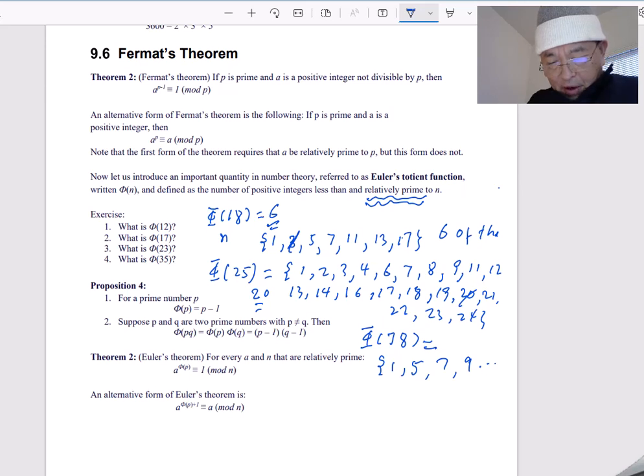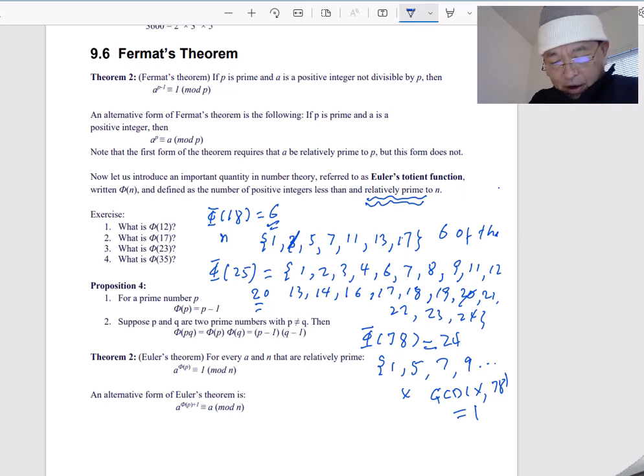As long as X is among the list, the GCD of X and 78 equals 1, co-prime to 78, they all qualify. How many of them are there? It takes a while to find out. That is actually 24 of them. I'm not going to go over it; I will challenge you to do that by hand.